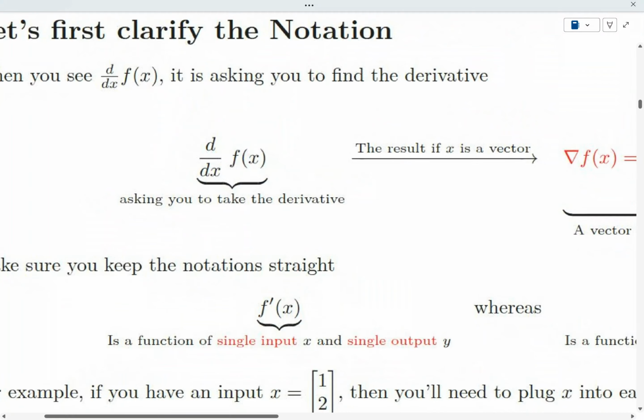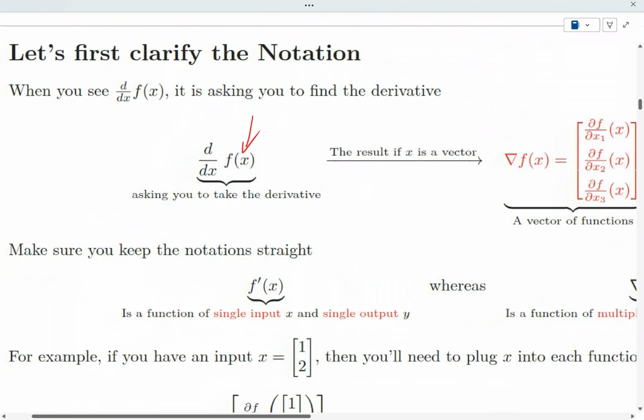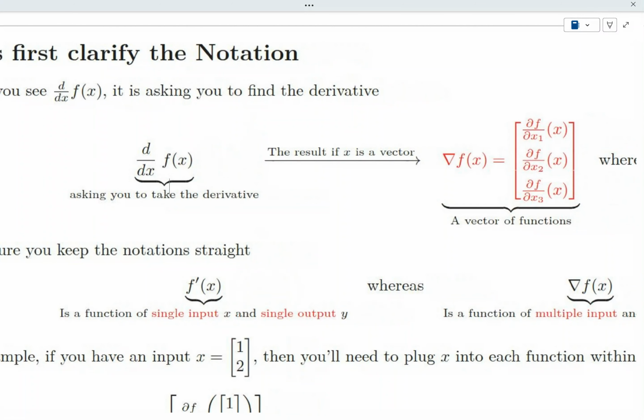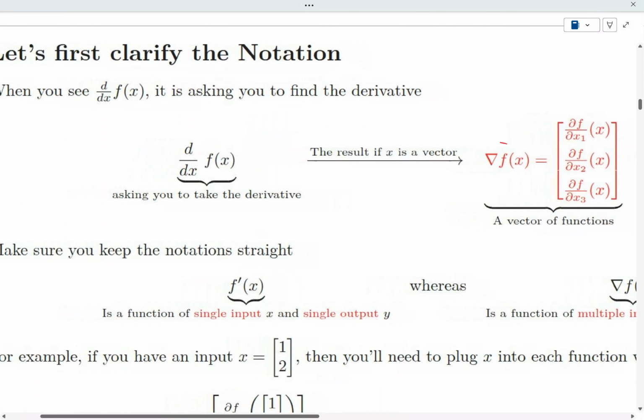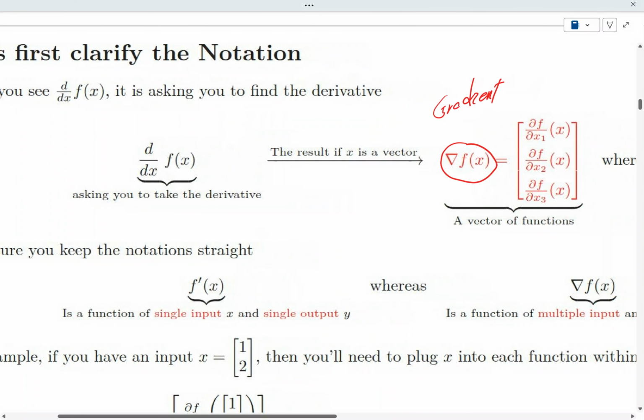Now, what if x is no longer just one single variable, it is a vector? If this is a vector, then the resulting function is called the gradient, right? And the gradient is a vector of functions, as we saw previously.